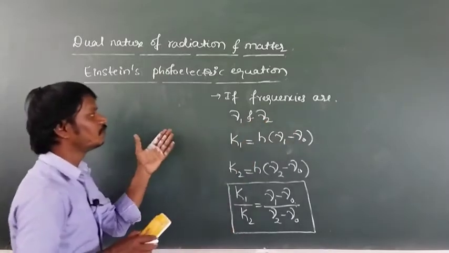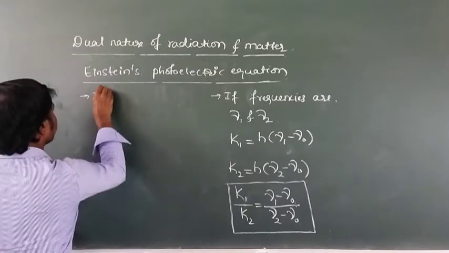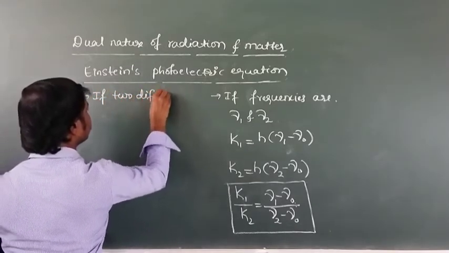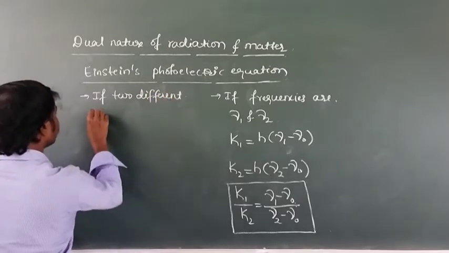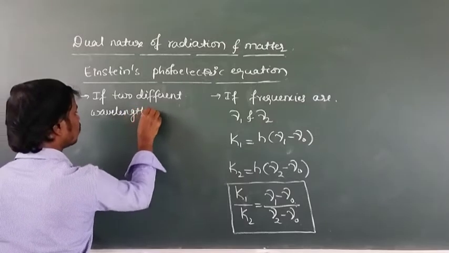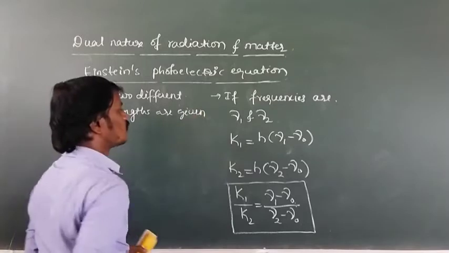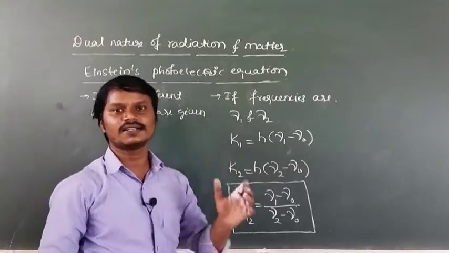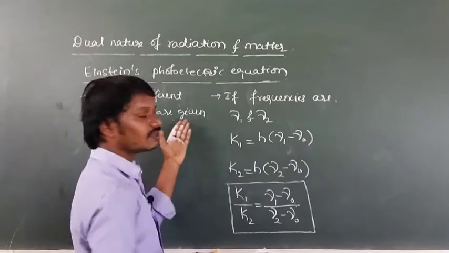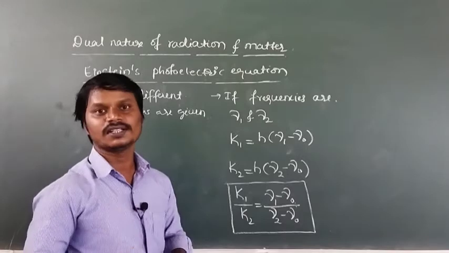Next, if two different wavelengths are given, the first wavelength I will take as lambda 1, the second wavelength is lambda 2, but these two different wavelengths are incident on the same metallic surface. Same metallic surface means the threshold wavelength is the same.